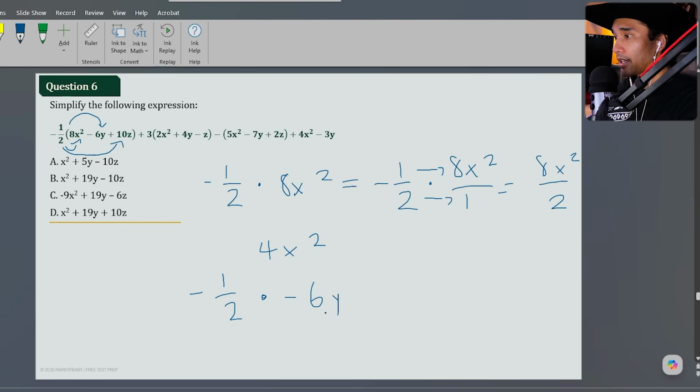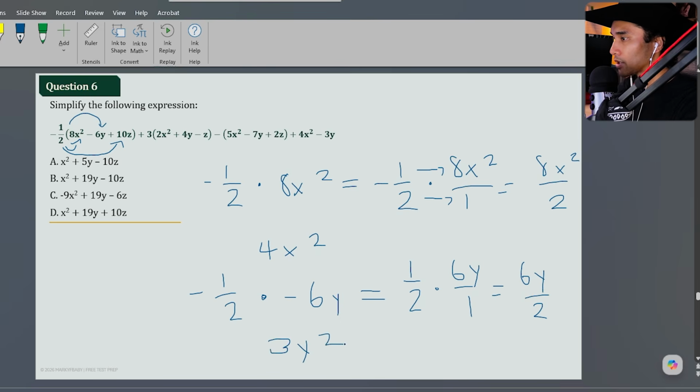Do you see what I did here? A negative times a negative equals a positive. So I'm just going to get rid of that negative already and write 1/2 times 6y. Oh, oops. 6y. I didn't make a mistake. Over 1 equals 6y over 2, and that equals 3y.